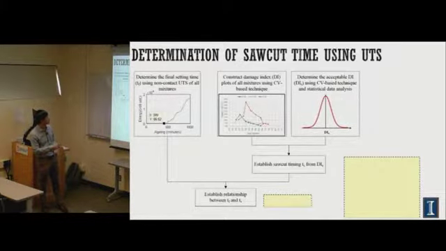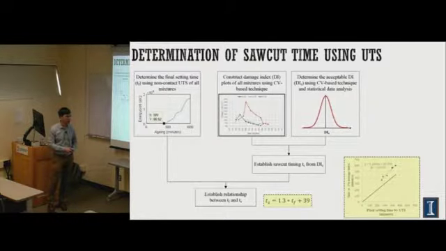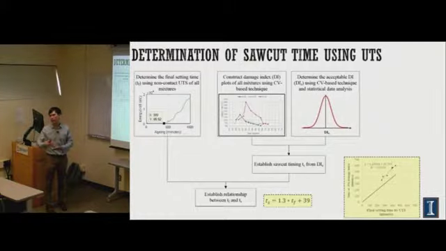I correlate it with the setting time using ultrasound and establish the relationship between the saw cut and final setting times. Of course we have this in the plot already. What we found is very important. It means that we can make the saw cut 30% later than the final setting time plus 40 minutes. That defines the earliest time that we can make the saw cut, based on the ultrasonic indications.